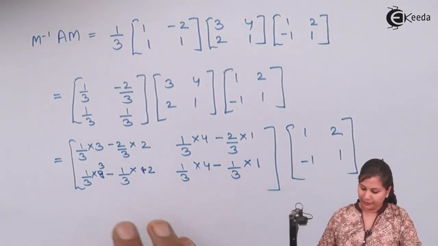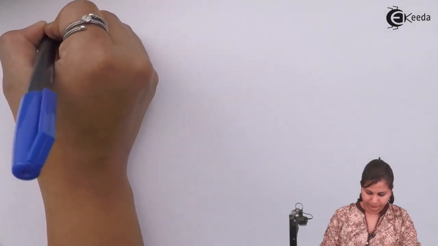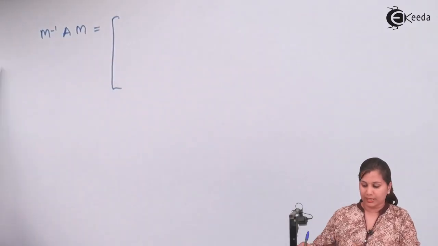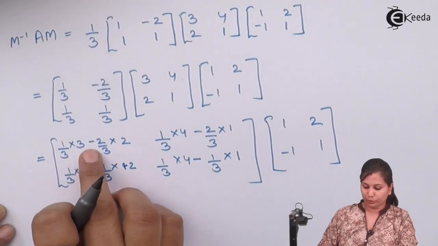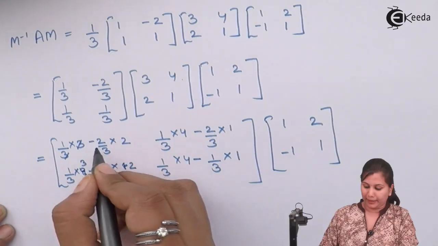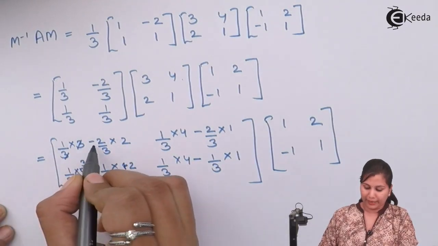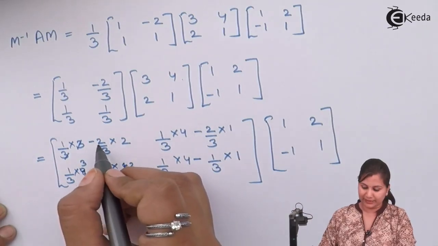Now let's multiply all these. We will have 1 by 3 into 3, so they are cancelled. Minus 2 by 3 into 2, so it is minus 4 by 3. So 1 minus 4 by 3 will be minus 1 by 3.